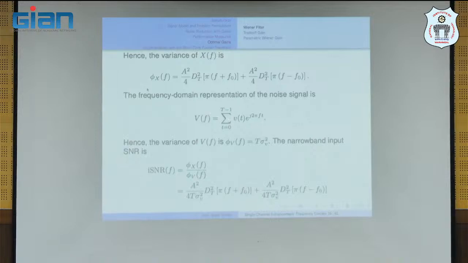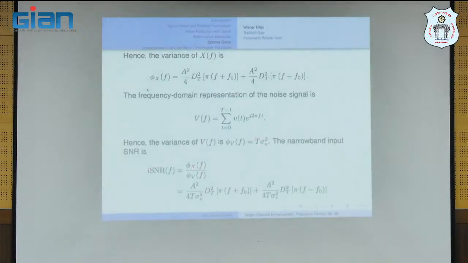And the Fourier transform of the white Gaussian noise, with a certain length of the signal, if we compute the Fourier transform like this, becomes a constant. Okay, it's a constant with the variance, but this constant you multiply with T, the number of samples.